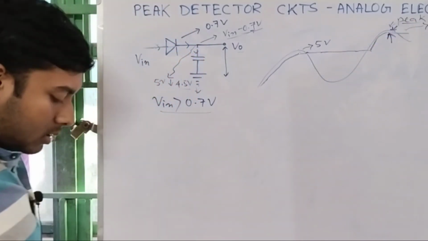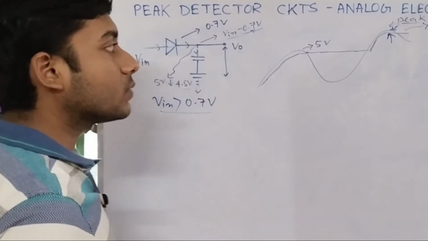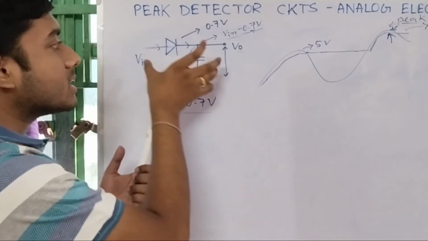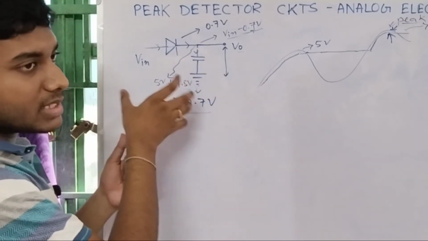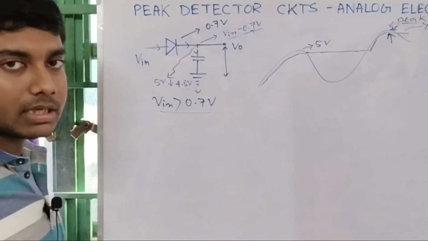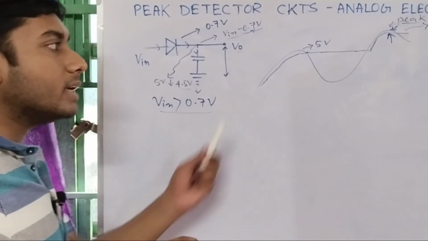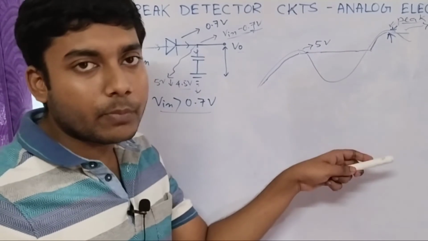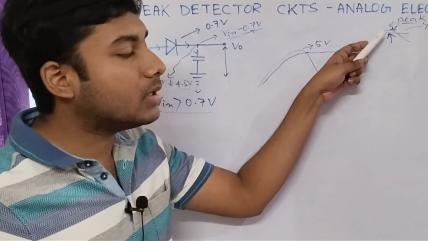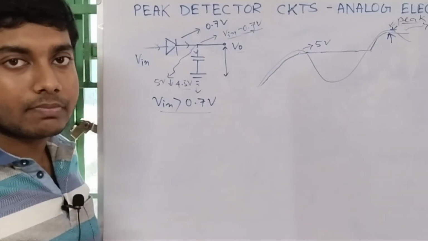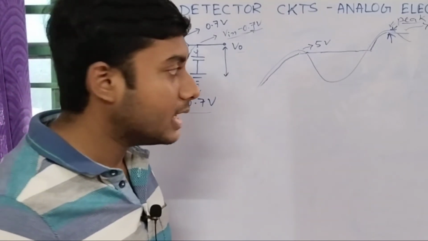So it is not detecting the actual peak. That is the number one drawback. The number two drawback is that this circuit's impedance is changing. It is a variable impedance, and whenever there is a peak in the V input, the circuit's input impedance is very low.